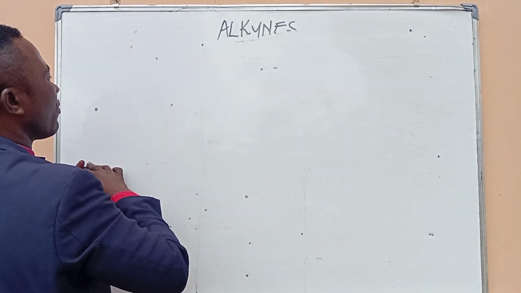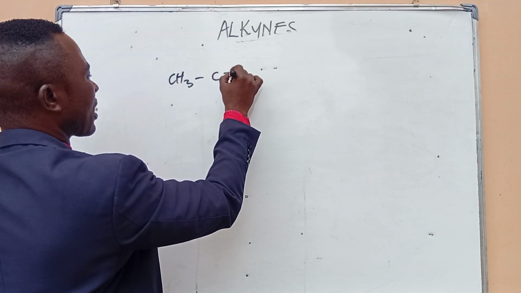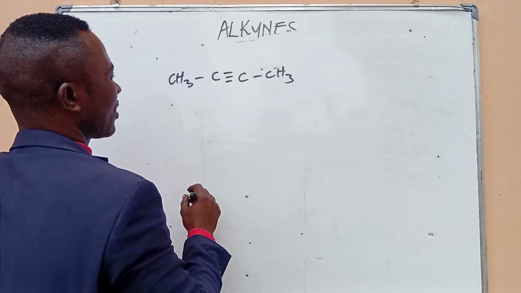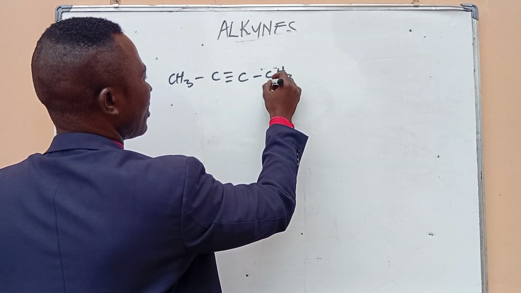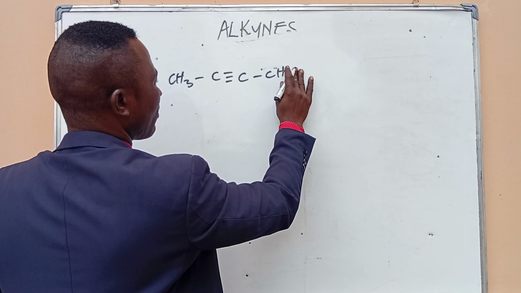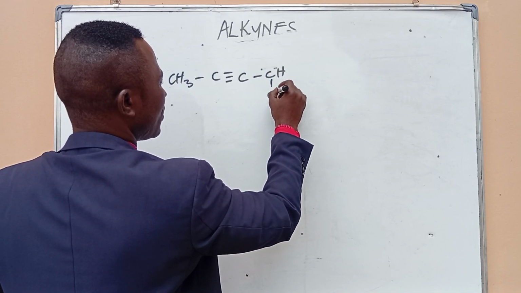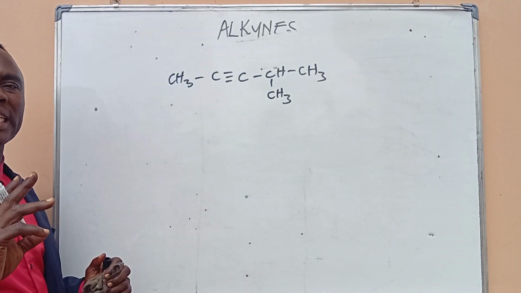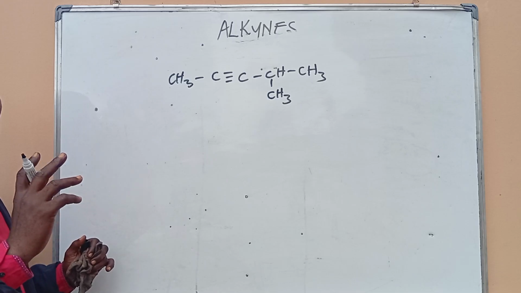Now, when we have CH3, C triple bond C, CH3, and so on, we need to identify the longest carbon chain that has the triple bond.